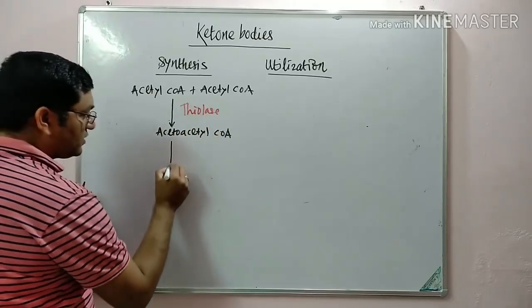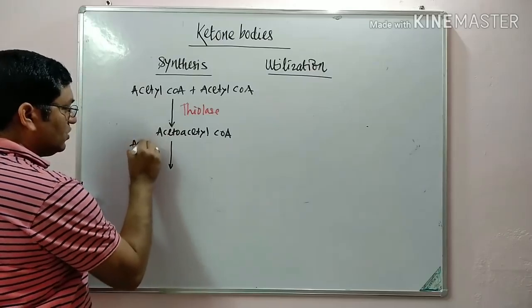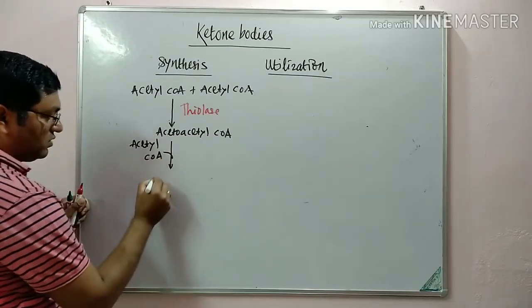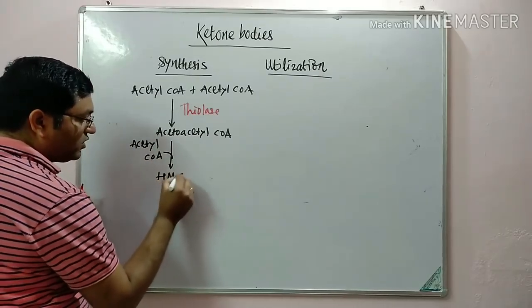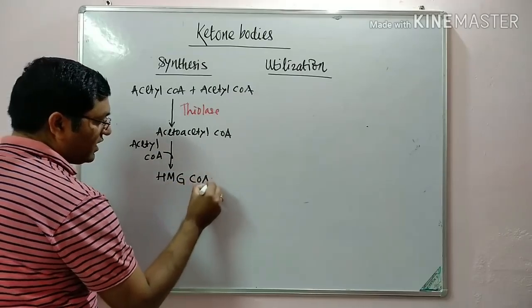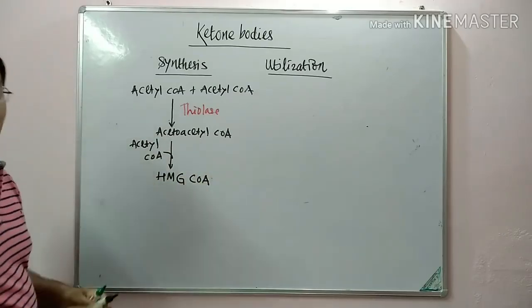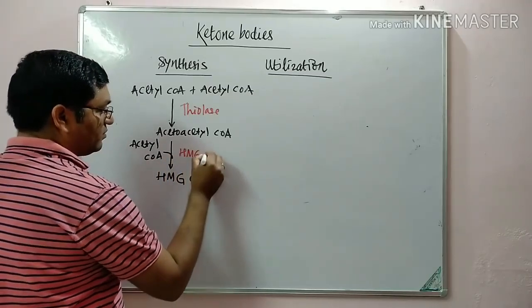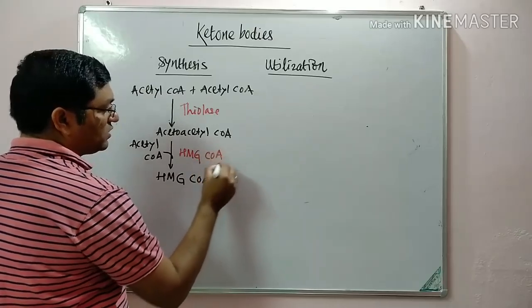It again condenses with another molecule of acetyl coenzyme A and gives hydroxymethyl glutaryl coenzyme A with the help of the enzyme HMG-CoA synthase, and this is a regulatory step in ketone body synthesis.